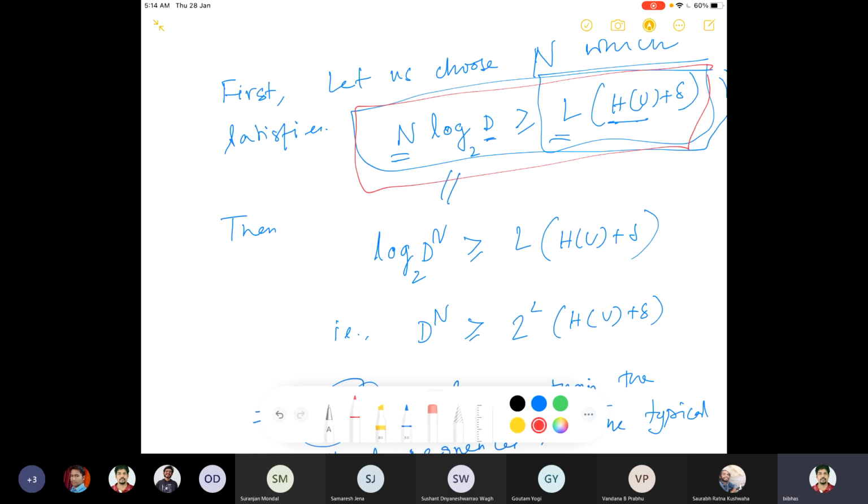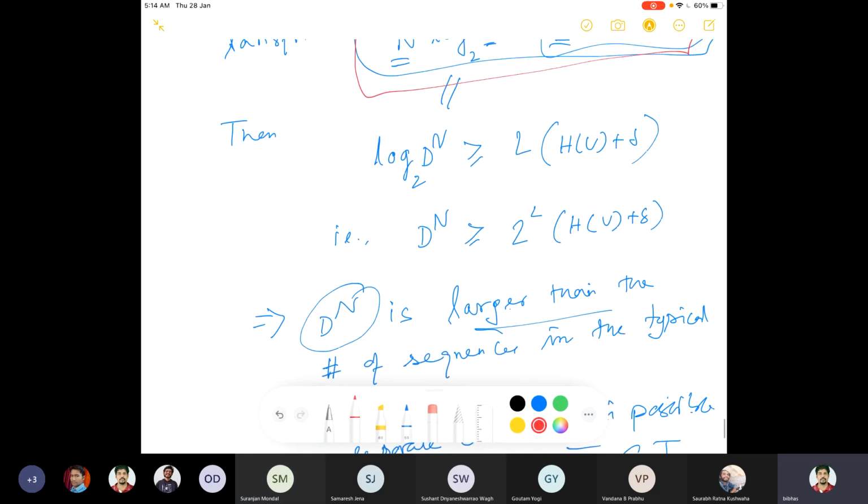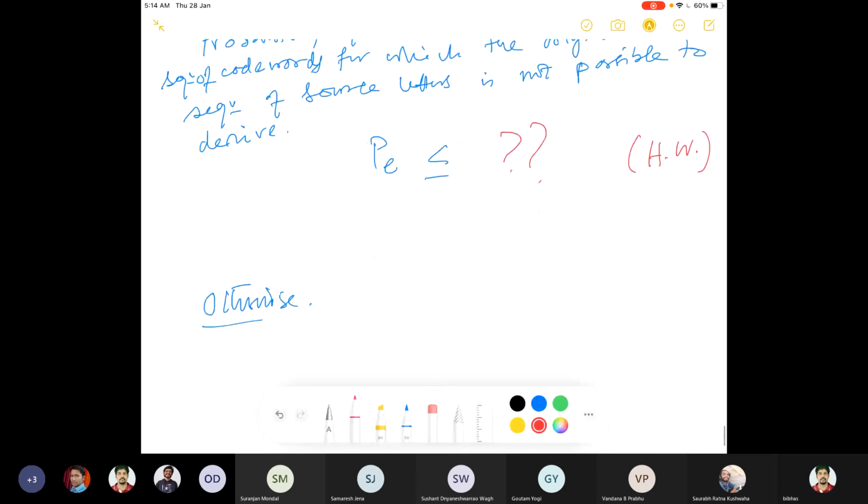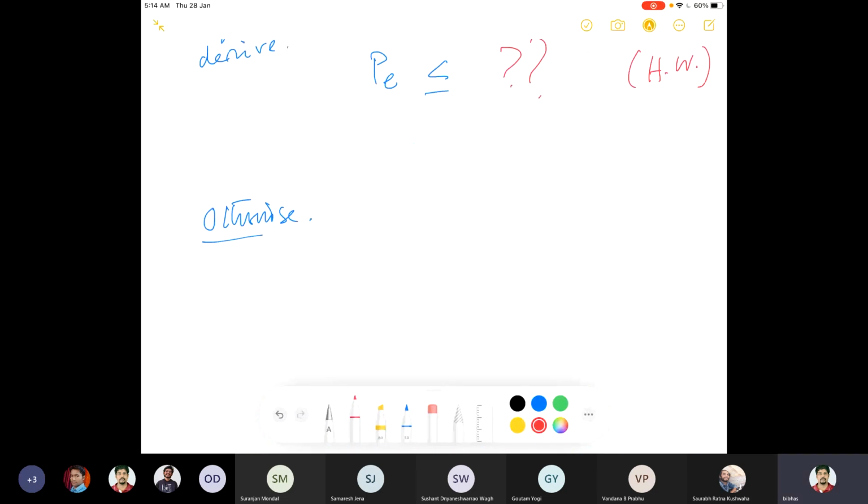Is that okay? Yes, sir. But instead of that, because I know the proof, let us assume that n times log D is less than or equal to L times H(U) minus 2 delta.